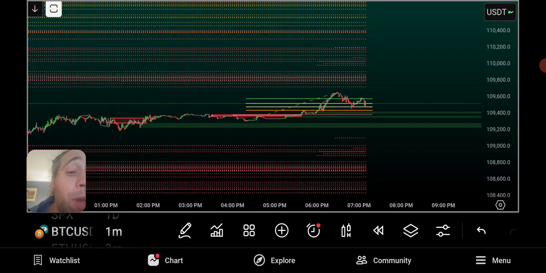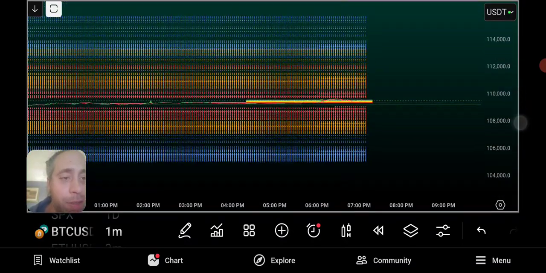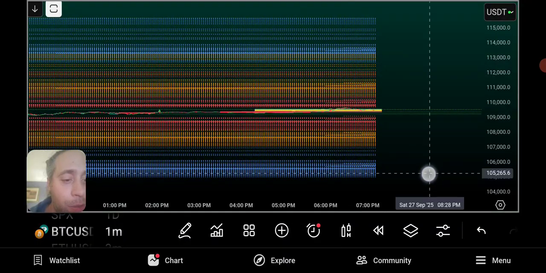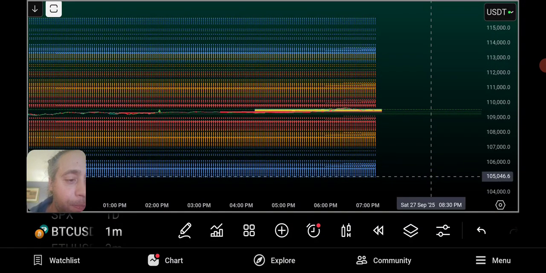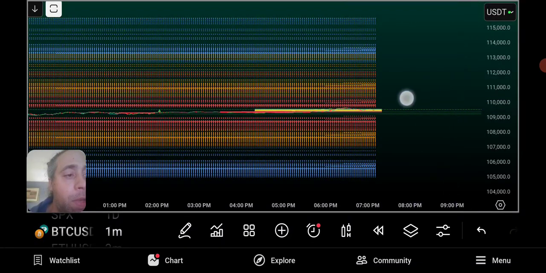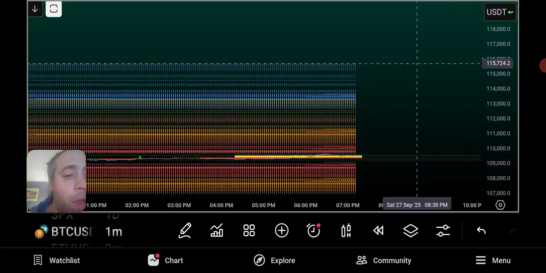So I'll talk more about all this in the future, but what's going on right now with Bitcoin? Okay, let's look at the whole enchilada here. This is the range that we're looking at, guys. We're looking at a range from 105 to 115.